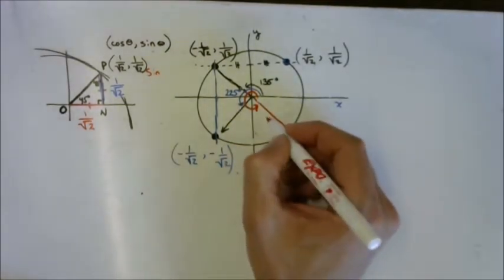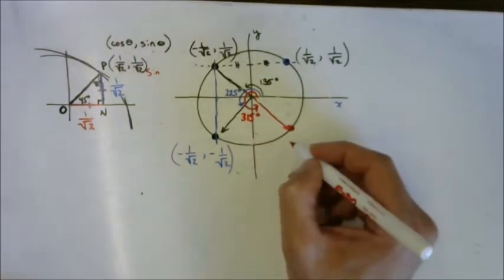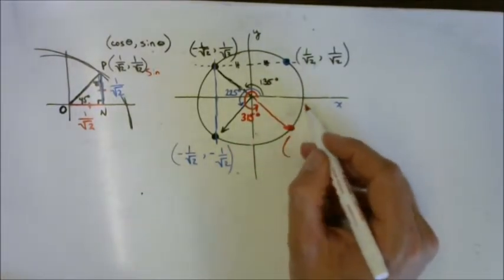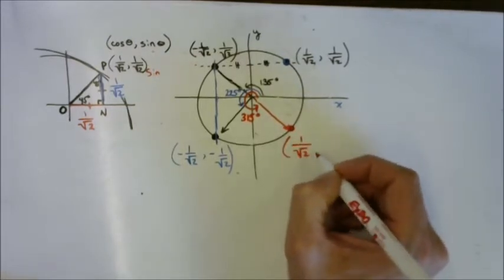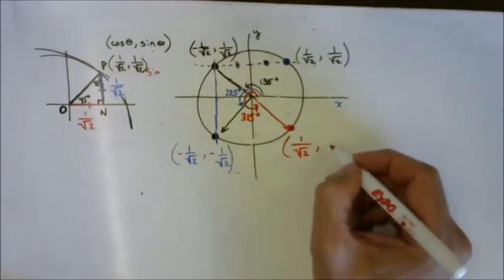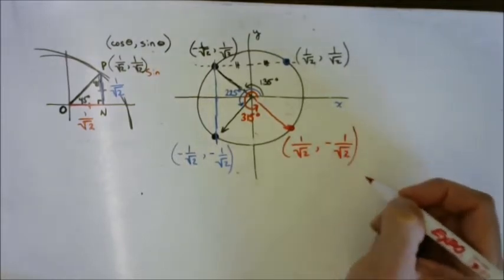We have an angle of 315 degrees. And you know the coordinates of it. The x coordinate is going to be positive again, so that's 1 over radical 2. The y coordinate is now still going to be negative 1 over radical 2.